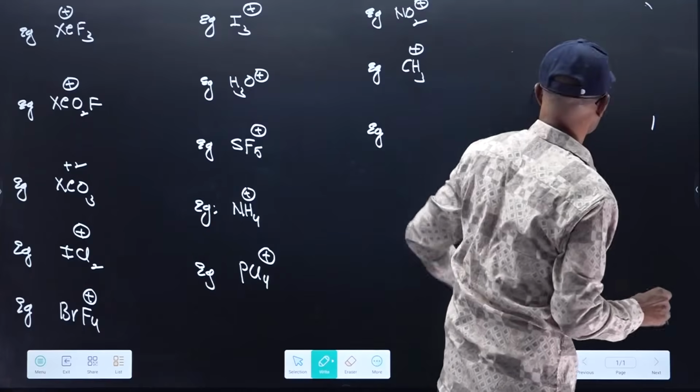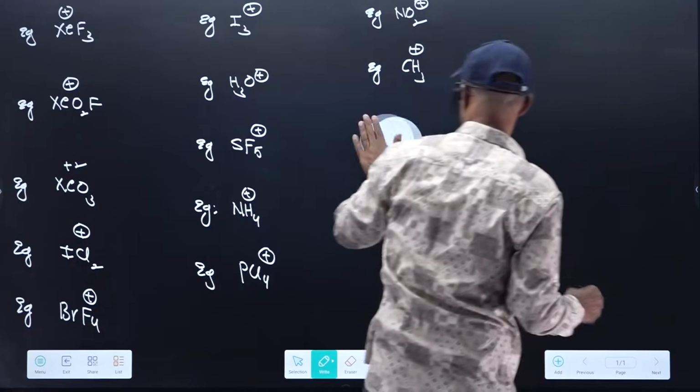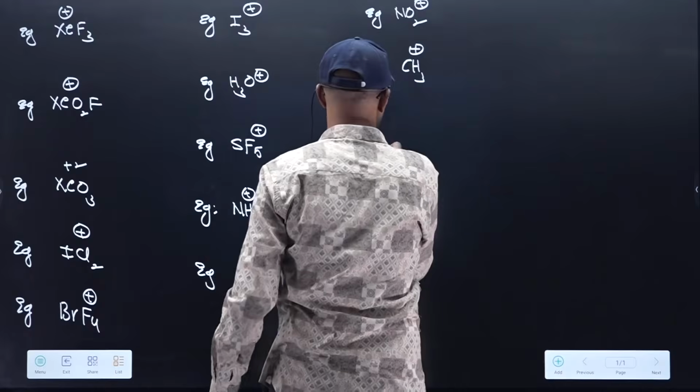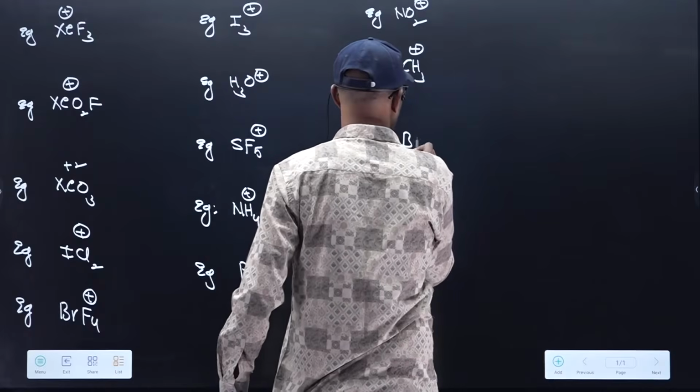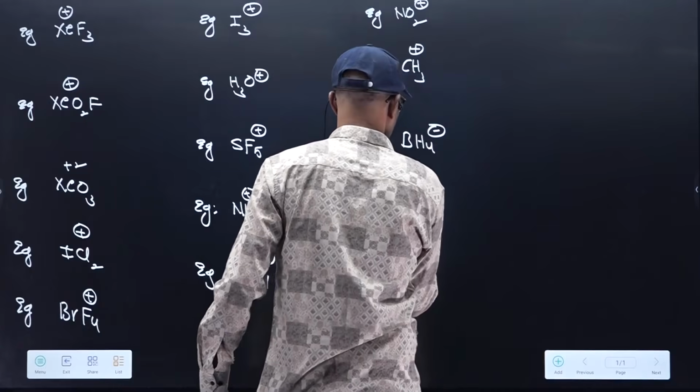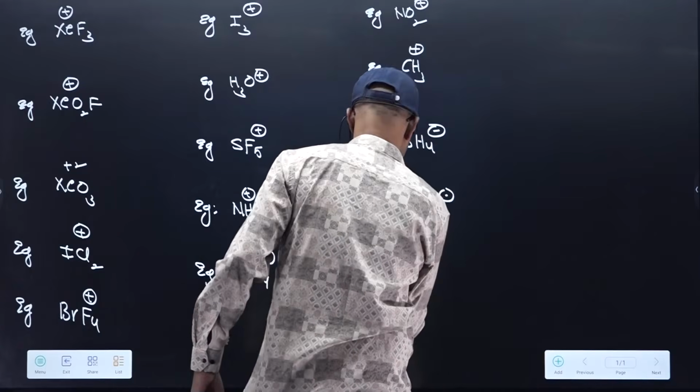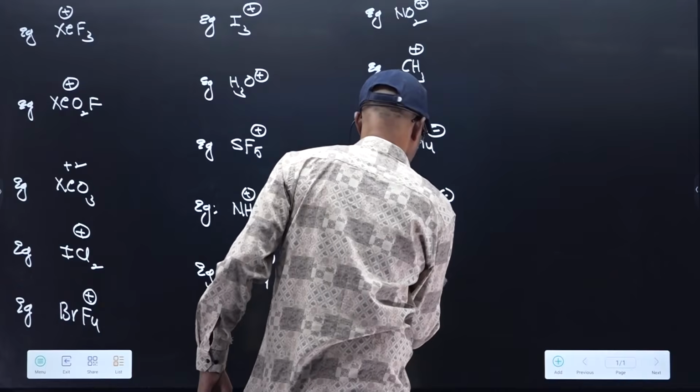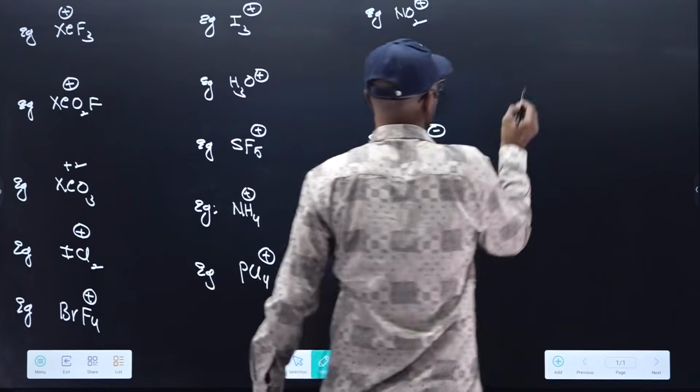Now work out with anions. BH4 minus, AlCl4 minus, carbanion CH3 minus.